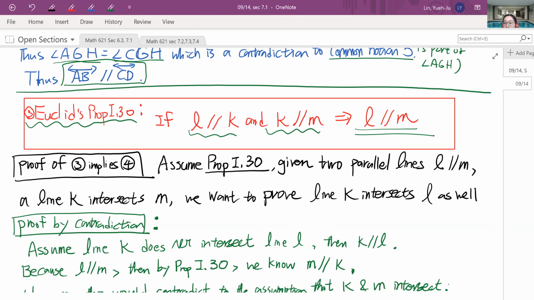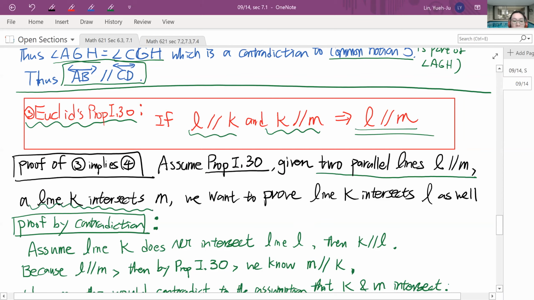Let me remind you, the fourth one tells you if you have two parallel lines, let's say L parallel to M, and you have another third line called K which intersects one of these two parallel lines, let's say K intersects M, you want to show that K also intersects the other line, L. This is something we want to prove.